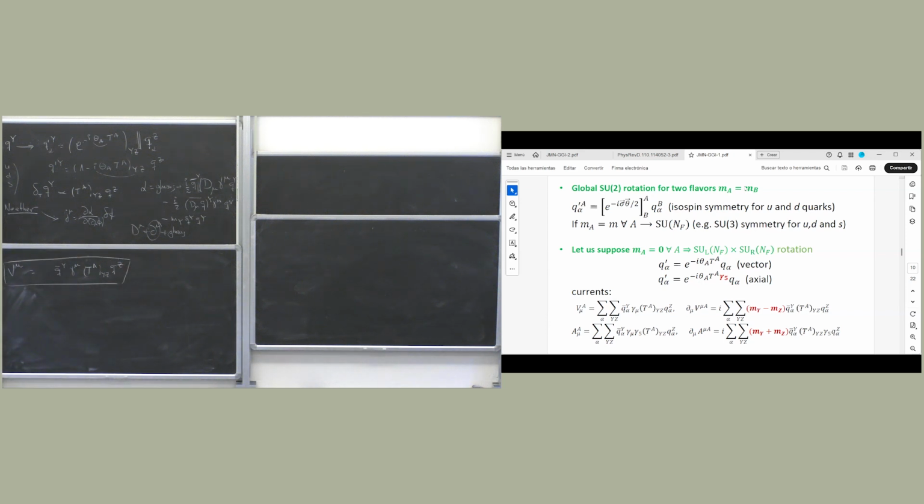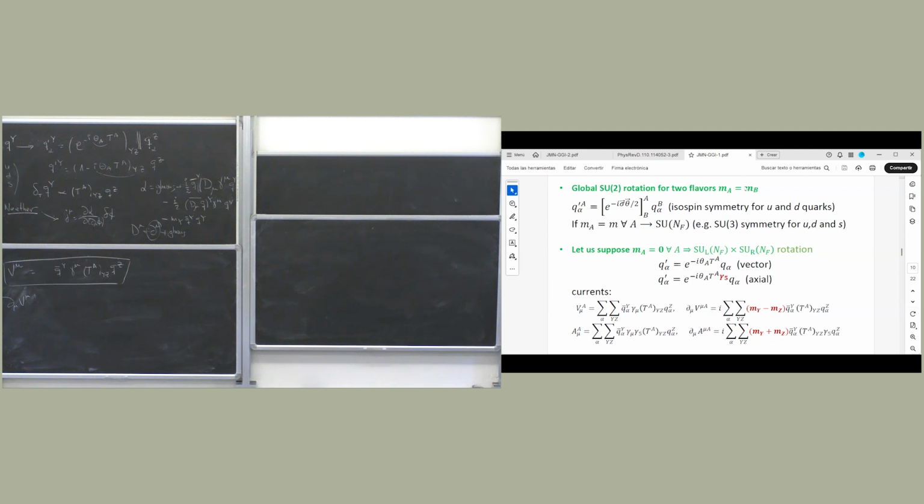Any doubt about that? Is it conserved? In principle, Noether's theorem is telling us that it's conserved. So let us check if it's conserved. So d mu V mu. If I compute d mu V mu, I am going to have two contributions, because the derivative can act either on q bar or on q.